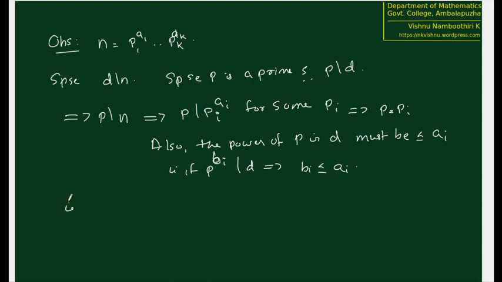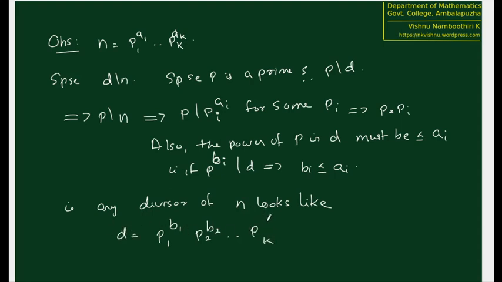That is, any divisor of n looks like the following: p1 raised to b1, p2 raised to b2, etc., pk raised to bk. But one important thing is that this is not actually the prime factorization or canonical decomposition.